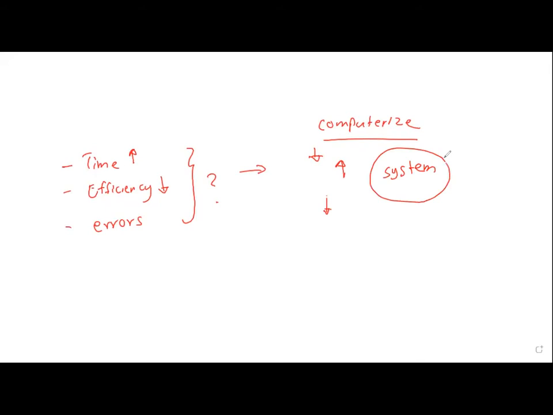I'm pretty sure that you have definitely seen banking systems. Once you go to the bank and produce your passbook at the counter, they enter your account number into the computer and can get all the details within seconds.